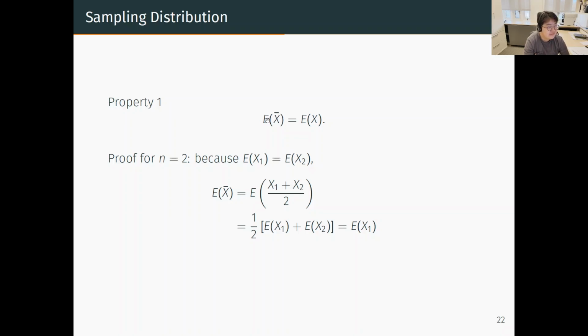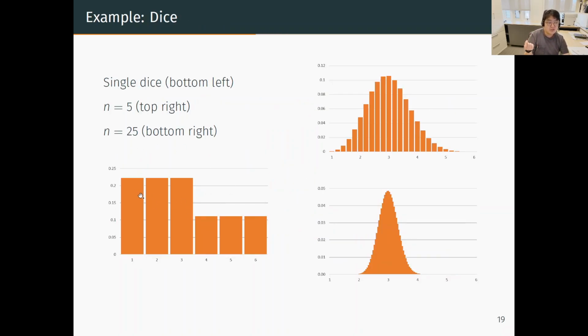First property: the expected value of the sample average equals the expected value of a single outcome, right? You can calculate the expected value from a single dice. Whatever the probability is, if you know the 6 probabilities, you can calculate its expectation.